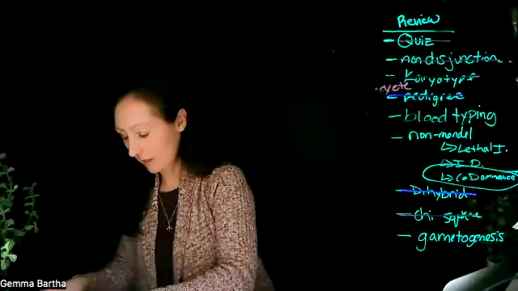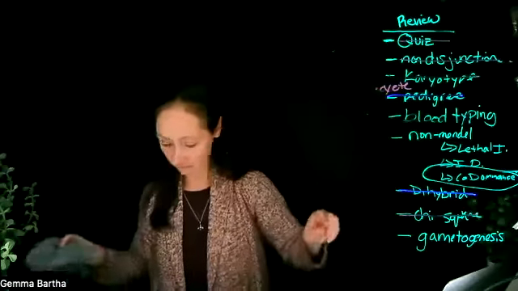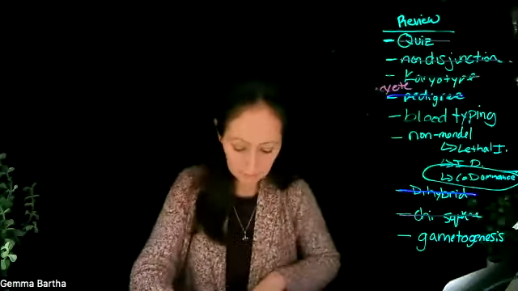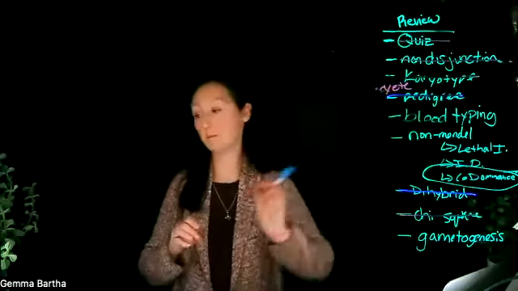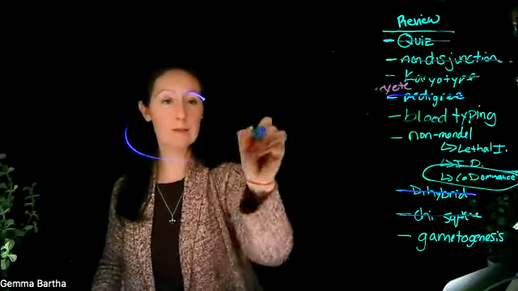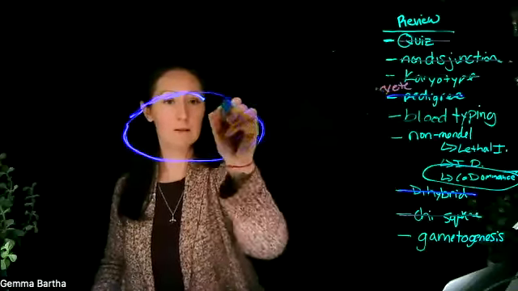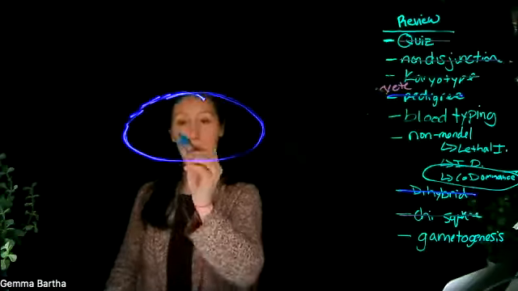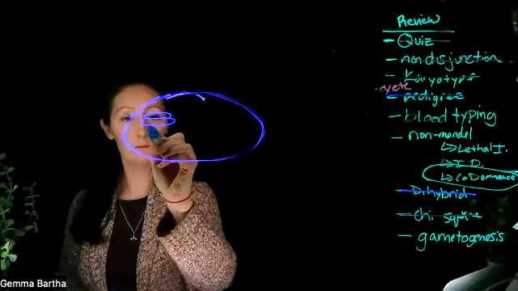All right, so somebody had a question about a chloroplast. Where's my green? My green is gone. That's okay. We'll use blue. All right, so if I was to draw a chloroplast, okay. What are these?